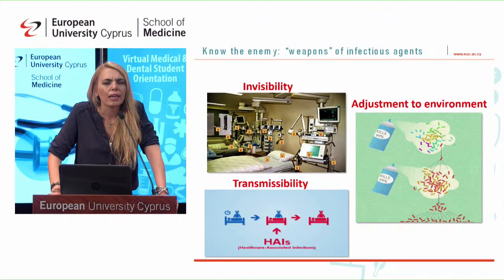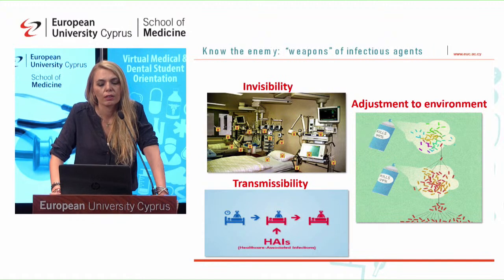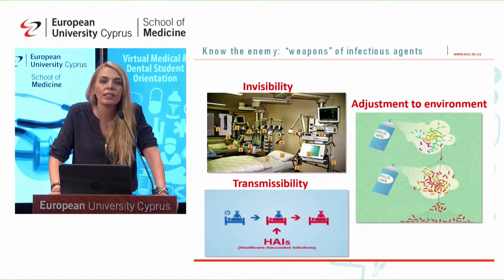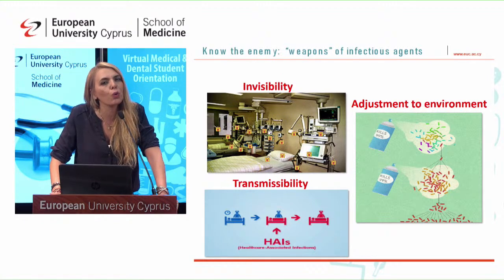And what are the 3 main weapons of infectious agents? Invisibility. We don't see them, but they exist everywhere, both in the community and in the hospital setting. Adjustment to environment. You know that. Actually, antibiotic overuse is also something that we change, and it has a huge impact on infectious agents.